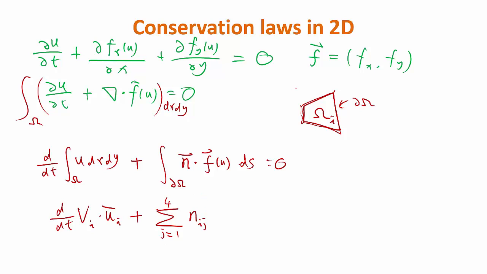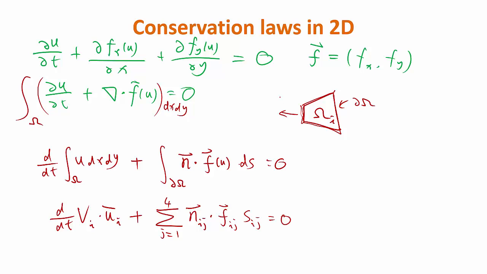n_ij, the normal of the jth side of control volume I, dotted with f_ij, times S_ij, equals 0. S_ij is the size of the side.